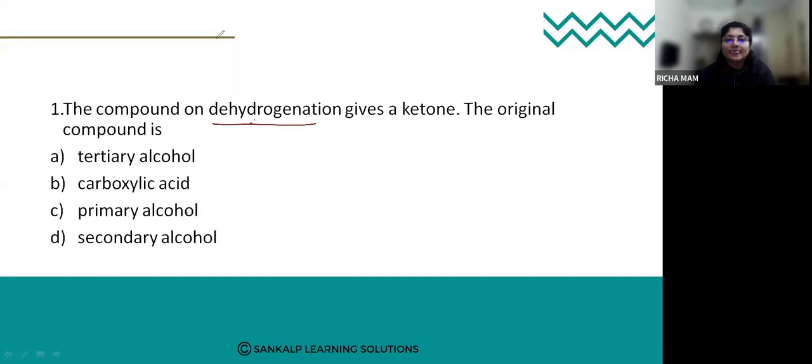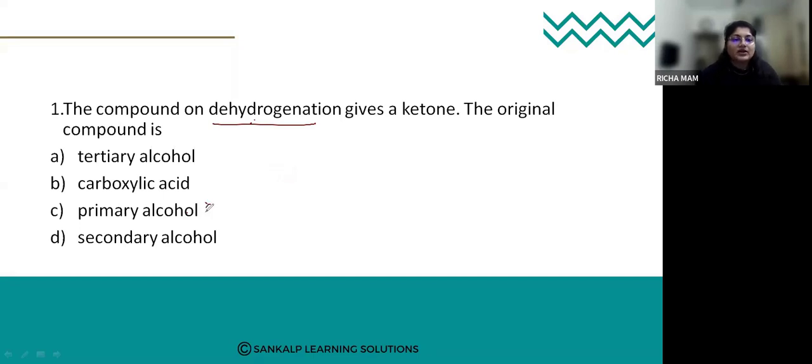Baby has answered it as D. Anil Kumar Rathod and Amulya have answered it as C. Here, a primary alcohol, when it undergoes dehydrogenation, will form an aldehyde. So that option is wrong.